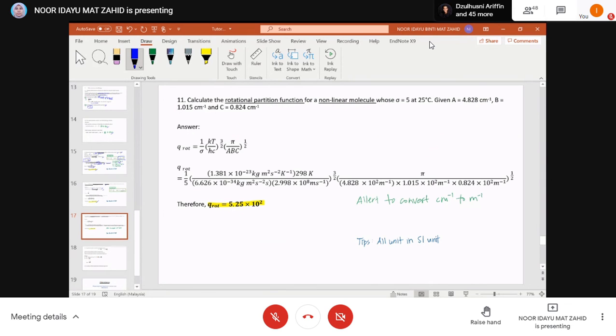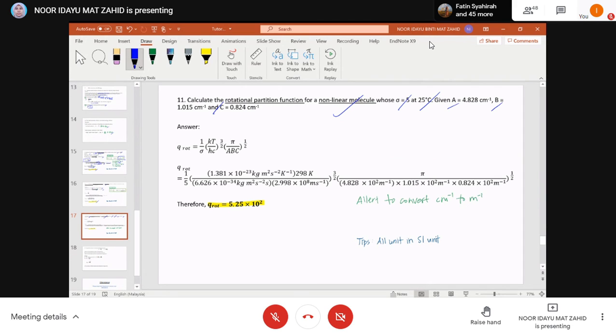So we look at question number 11 on rotational partition function. Calculate the rotational partition function for a non-linear molecule whose sigma is equal to 5 at 25 degrees Celsius, given the rotational constant as follows. Okay.